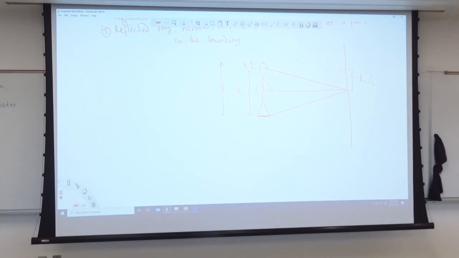And then in order to see the head, let's draw the normal halfway between the head and the eyes. So that's the normal. Okay, and then this is the incident light, and this is the reflected light.